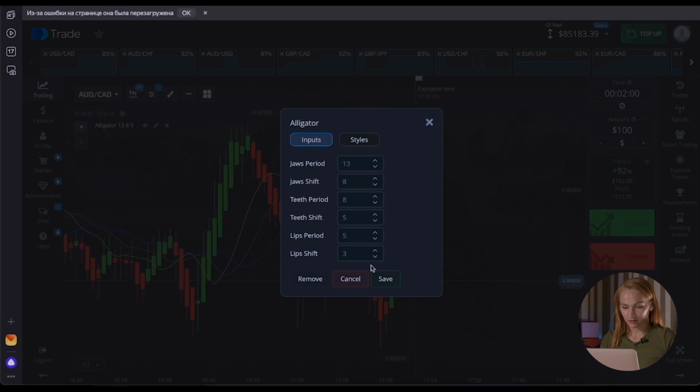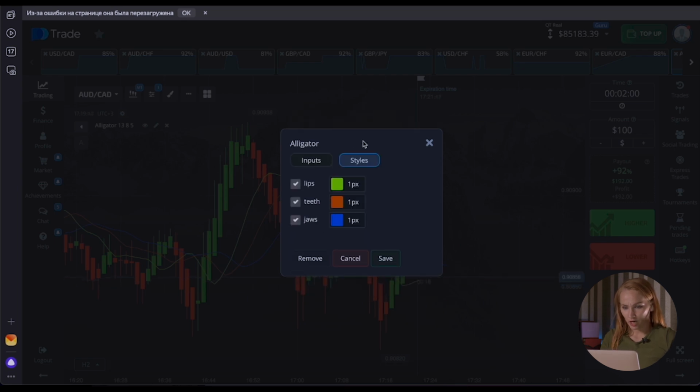I'll leave the settings the standard way. I do want to remind you that you could alternate the settings to your liking and trading style. You could use it to track the effectiveness of trading, I'm going to leave it as it is. Maybe except for the upper line, I'll just change it to white. It's just easier that way.